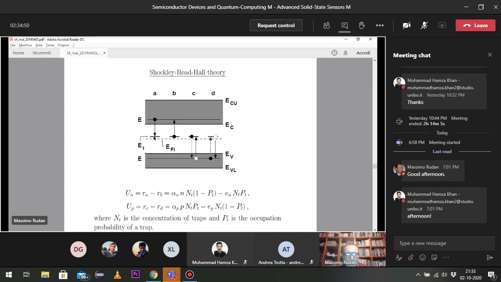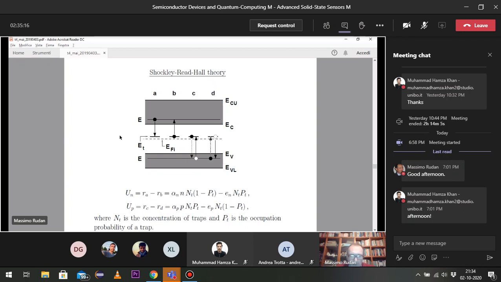Okay? But the point is, we made the calculation assuming that there is only one level of traps. But this is clearly not true. We may have different families of traps with different energies.